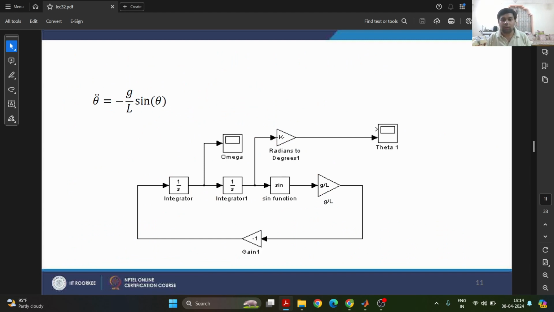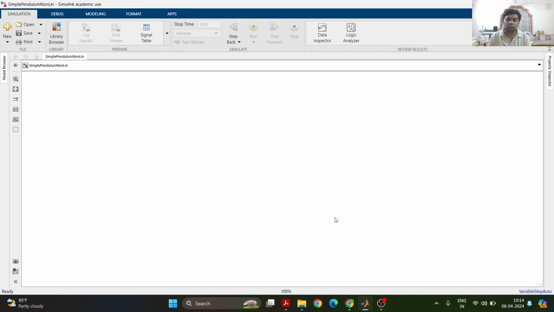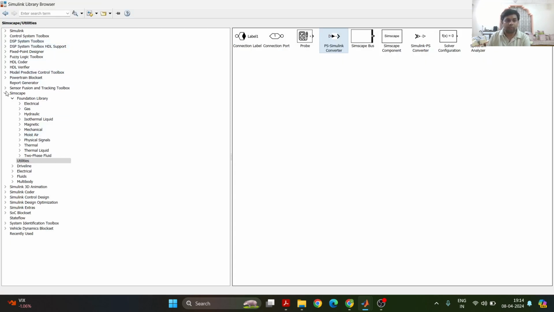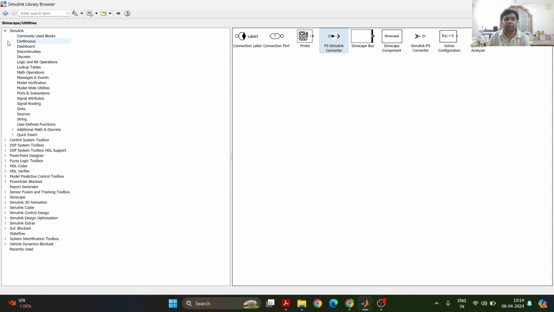So our acceleration theta double dot is minus g by L sine theta. Basically we need to integrate the angular acceleration twice to get the angular displacement.